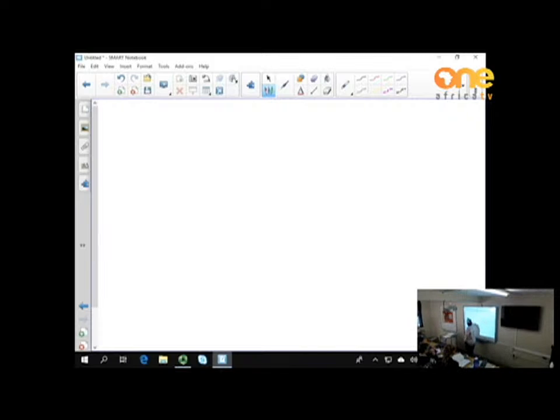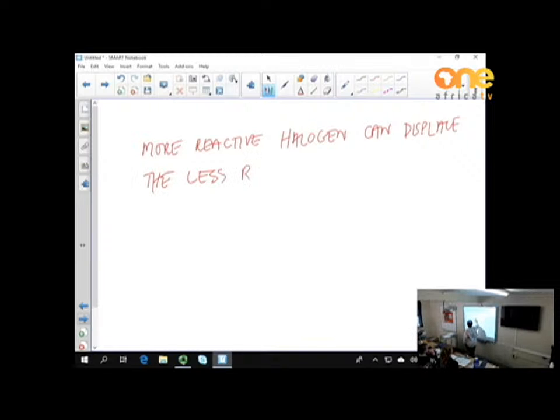And the rule says the more reactive halogen can displace the less reactive halide from its compound.